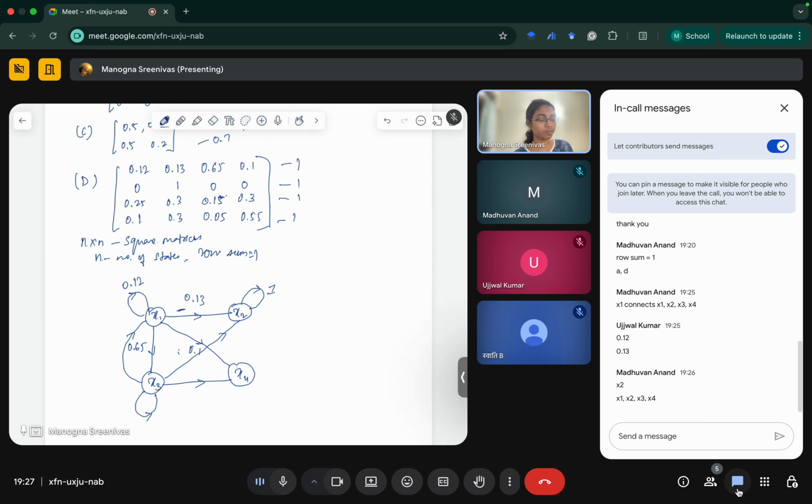And what about x4? x4 also connects to all of them, right? So I have one that goes this way, one that goes here, one that goes here, and one self loop.